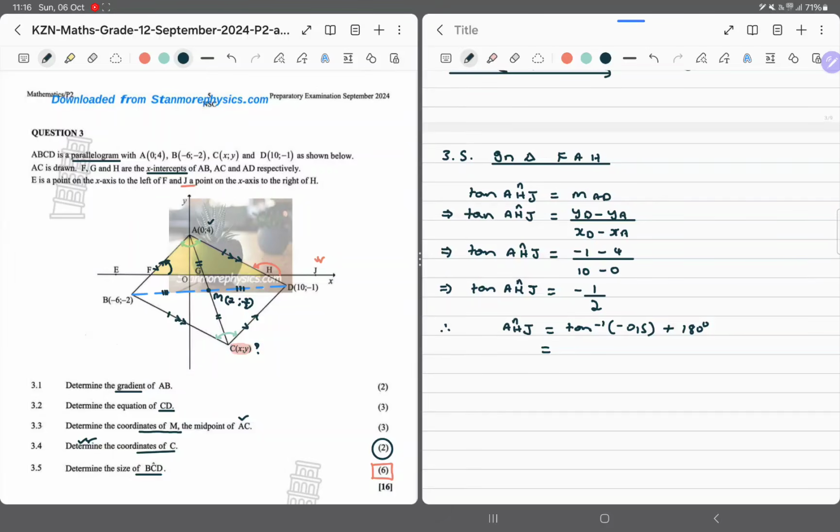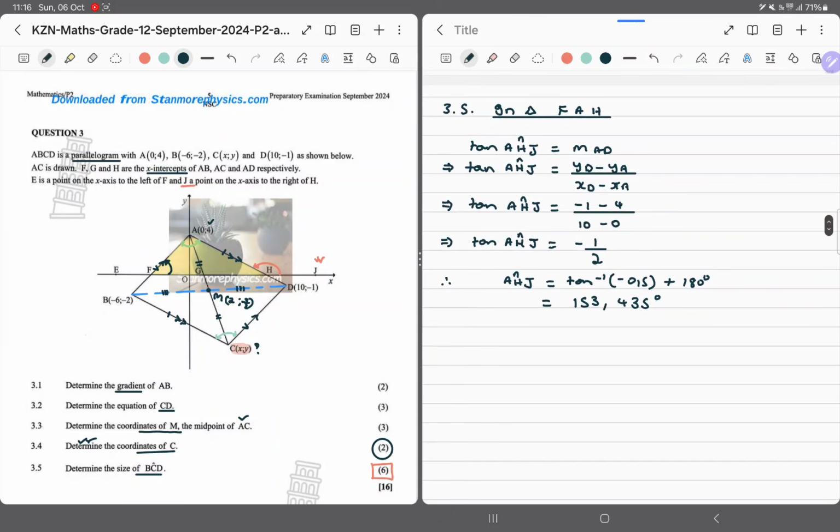Okay, so this is going to be 153,435 degrees. Just to keep a bit of accuracy. Remember, when no instruction is given, we do it to 2 decimal places. All right, so that is also fine.